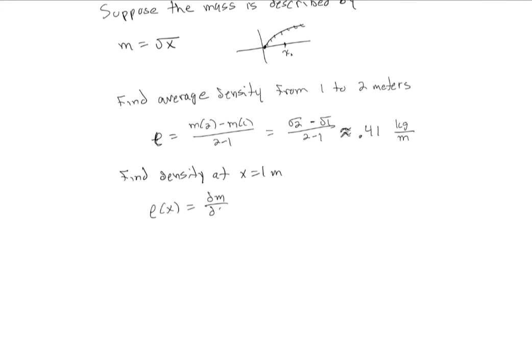When I'm differentiating the root function, remember, we're really looking at x to the 1/2. So I'm going to have 1/2 x to the negative 1/2, which is really 1 over 2 root x. So rho at 1 meter is going to be 1 over 2 root 1. So we have 1/2 kilograms per meter as the linear density right at 1 meter.